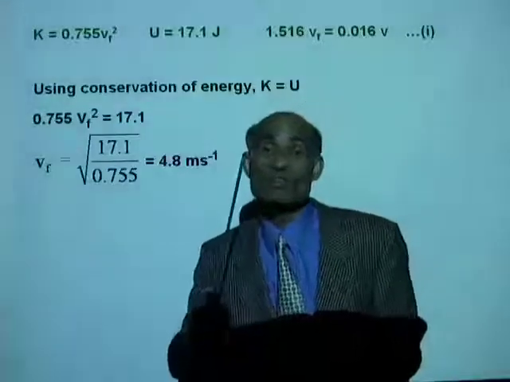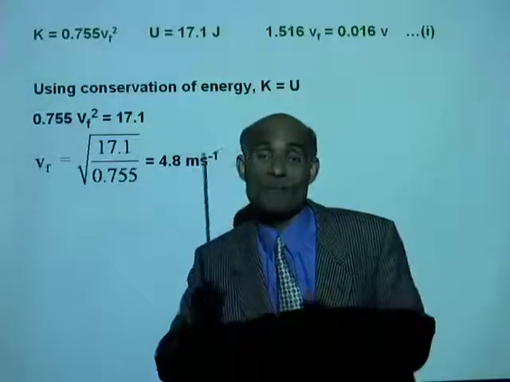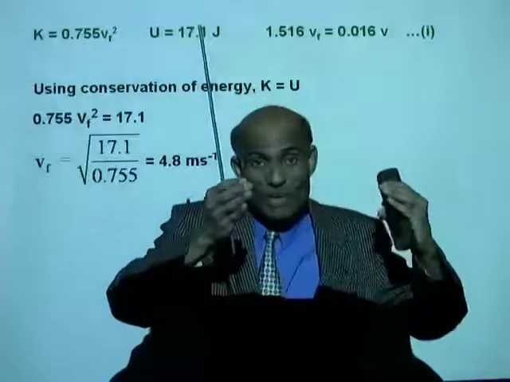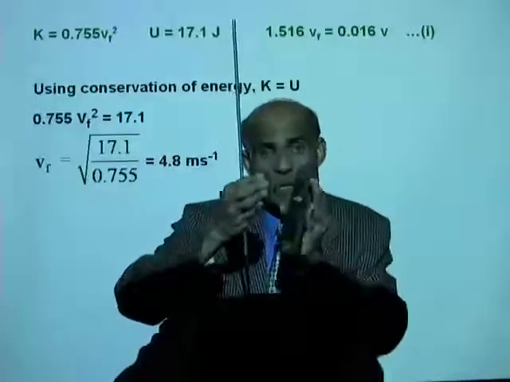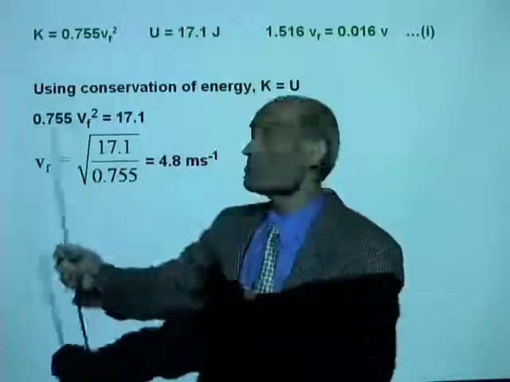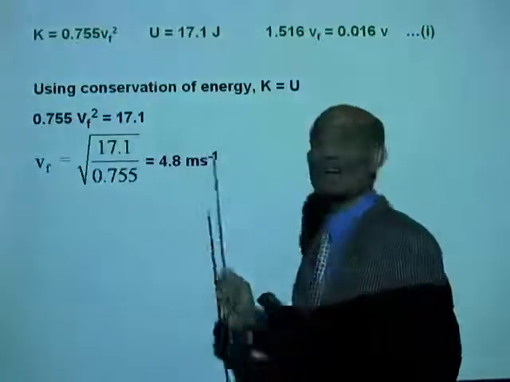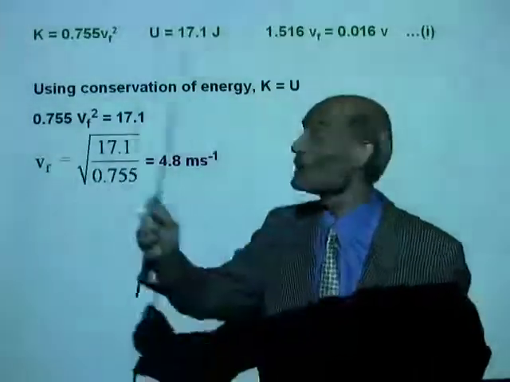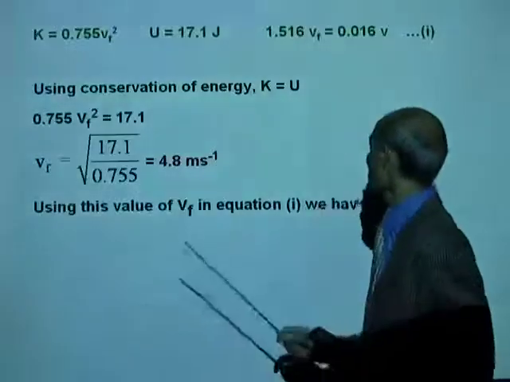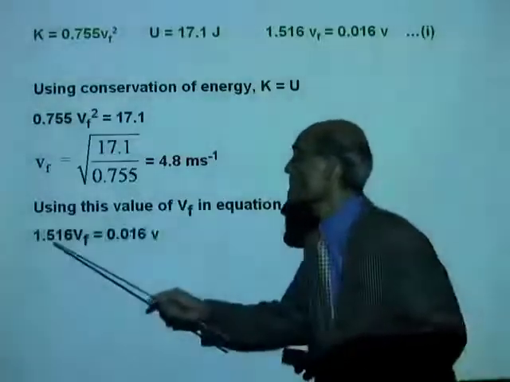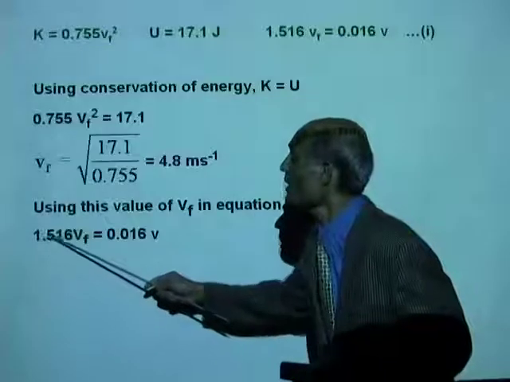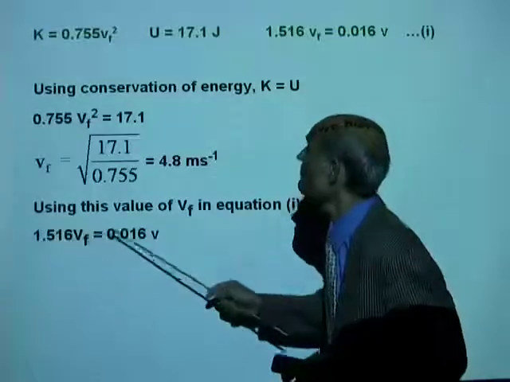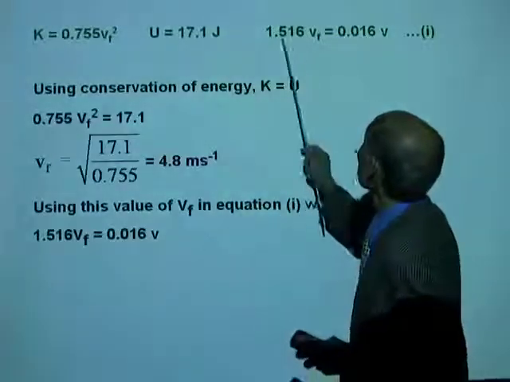That is the velocity with which the bullet and the pendulum bob together move away as soon as the bullet hits the pendulum. Alright, let's now go back to our first equation. Which is our first equation?